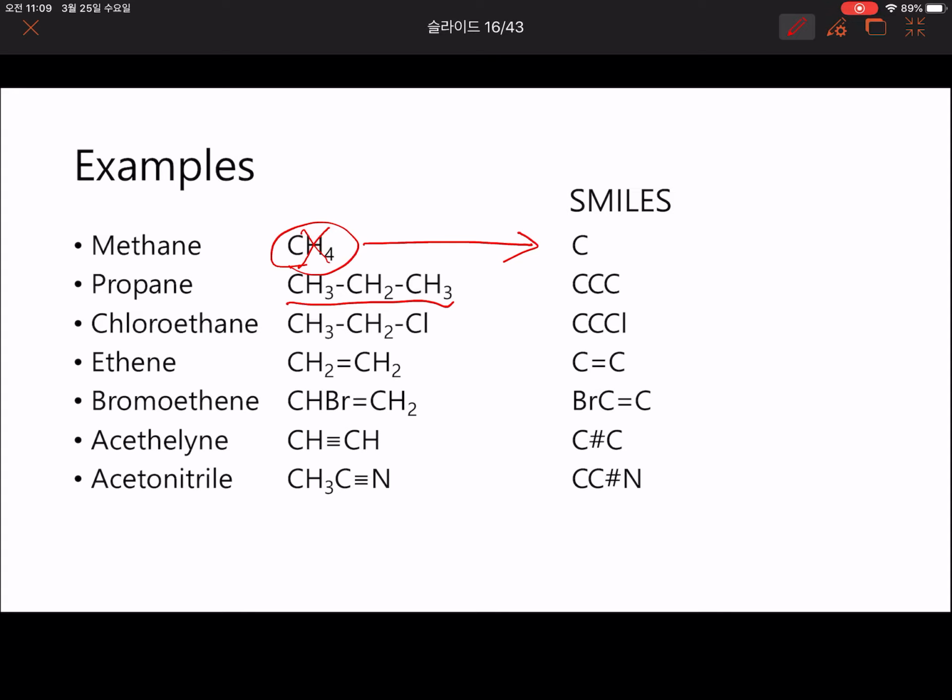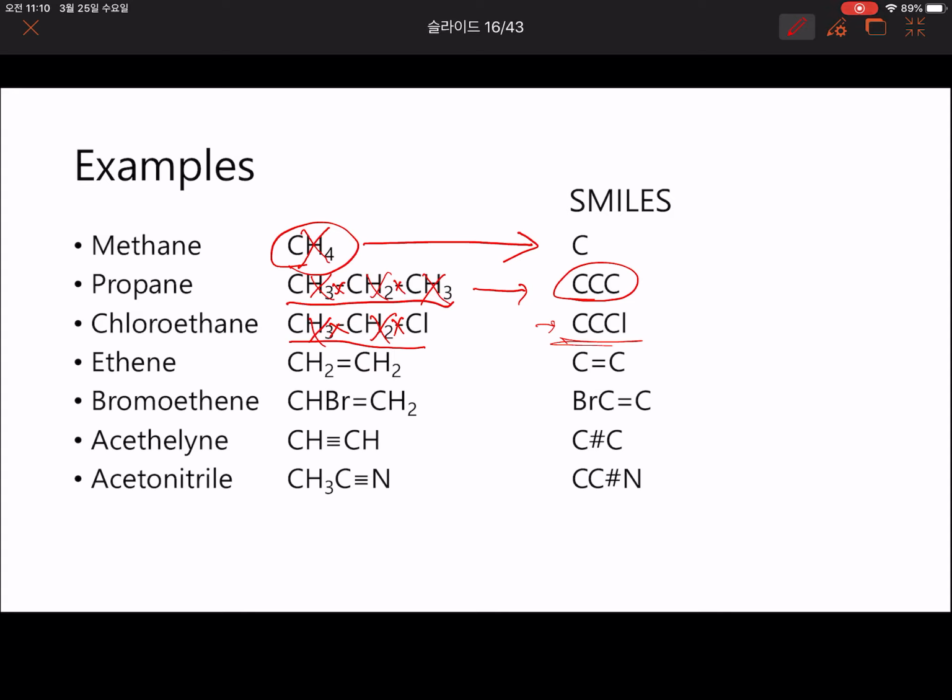But as I have said before, hydrogens are ignored, so only heavy atoms are kept. Then we can write it as C-C-C, but usually single bonds are also omitted. So propane is written like this, and chloroethane is written like this. As I said, hydrogens are ignored and single bonds are ignored. Only atomic symbols are kept.